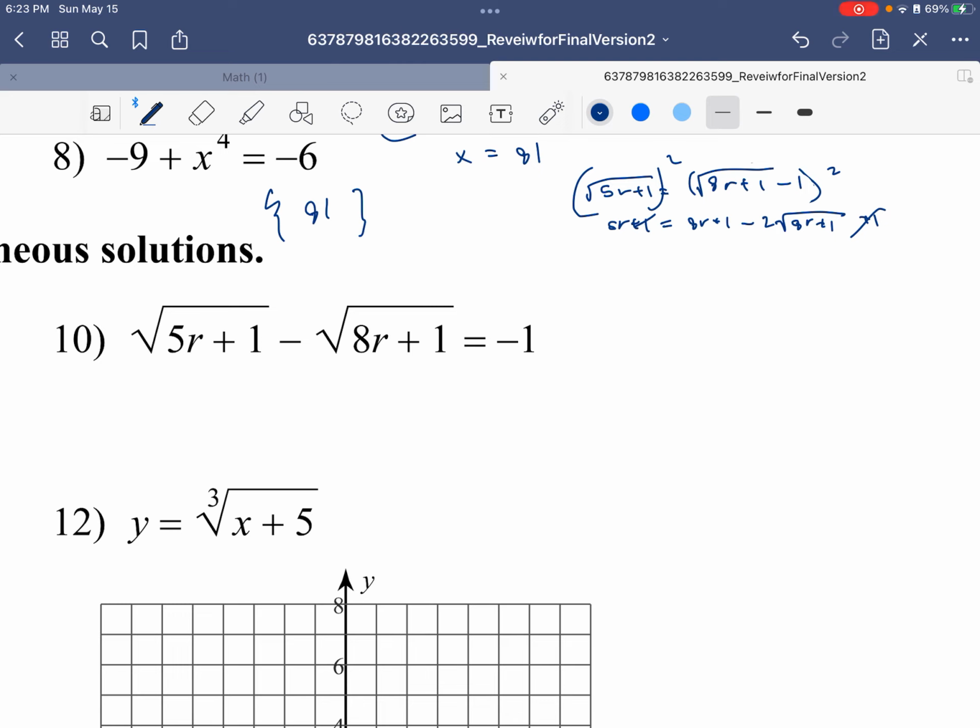I'm gonna move 5r to the right, and then this to the left. So I'm gonna move it to the left, which changes the sign. Move 5r to the right. 8r minus 5r is 3r plus 1.